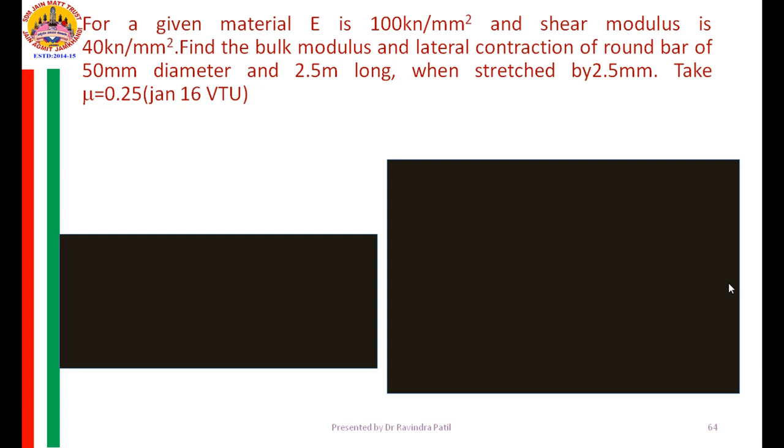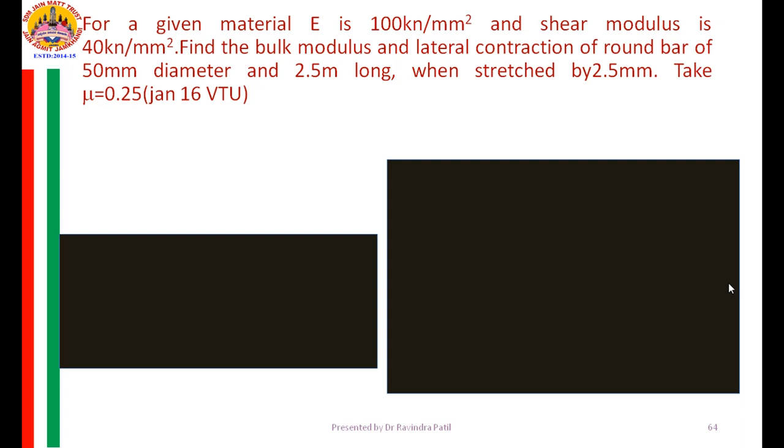Therefore, change in length is known to you, original length is known to you. What you can get? You can get the linear strain. Linear strain is known to you, Poisson's ratio is known to you. You can get the lateral strain.